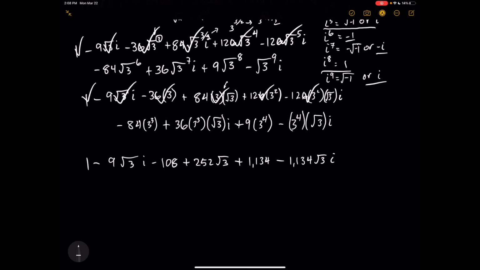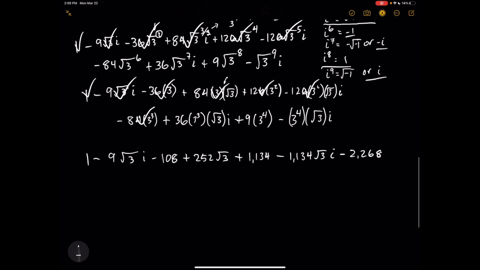Then minus 84 times 27, which is minus 2,268. Check that one off. Then 36 times 3 cubed is 972, so plus 972 root 3 i.